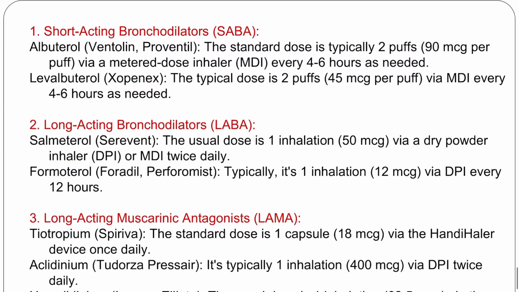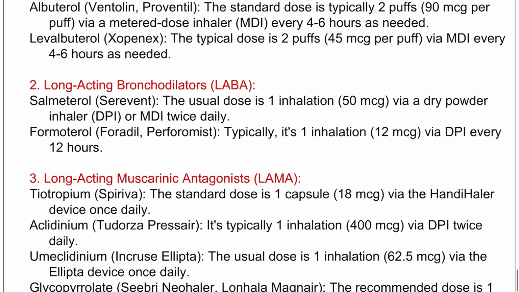Remember that sometimes they will ask you about inhaler therapy. So remember these classes: short-acting bronchodilators, and the examples are albuterol and levalbuterol. Remember these names. They will not ask you about the doses, but remember the doses as well, because sometimes they will ask. So what are the classes?